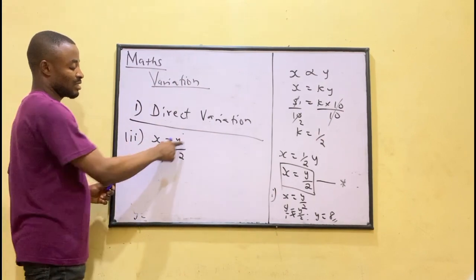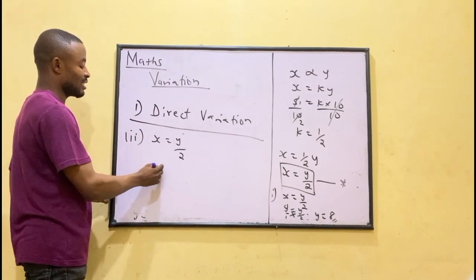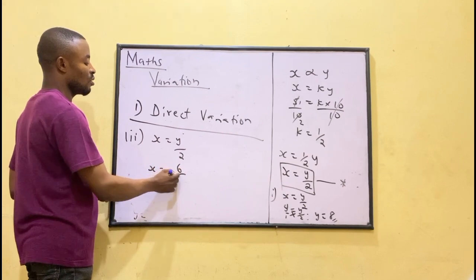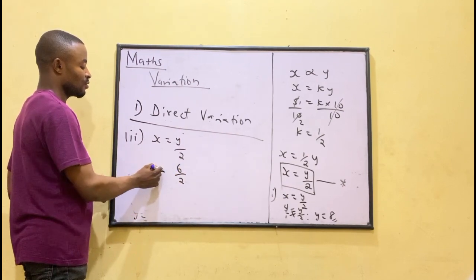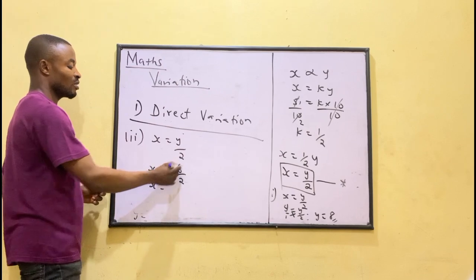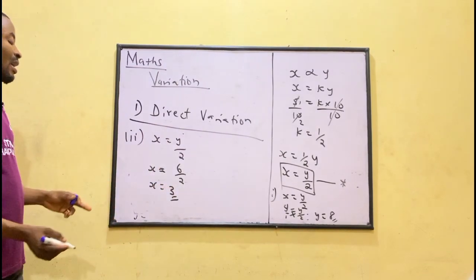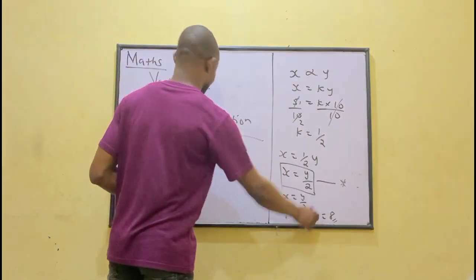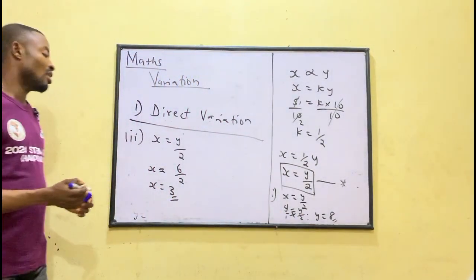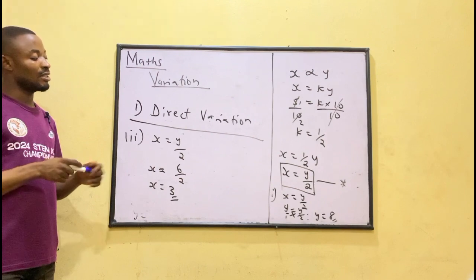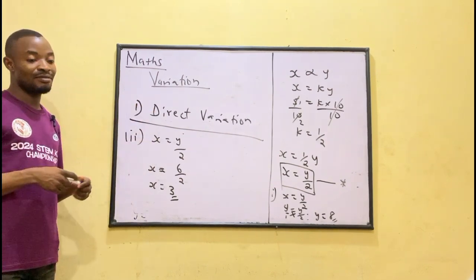So when y is equal to 6, x is equal to 6/2. Okay, so from here now, we have that x is equal to 6 divided by 2, which will give you 3. So our answers here are 8 and 3. Okay, all right, that's a question in direct variation.